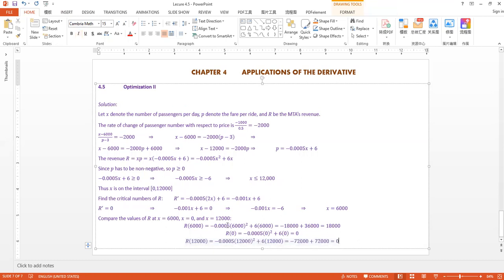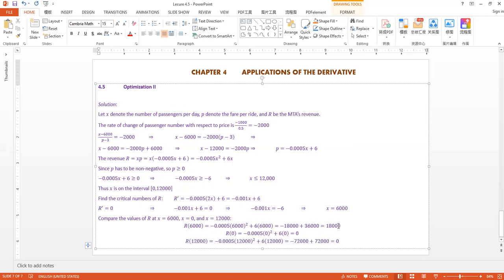So if we compare the revenue at those 3 values for x, you can see the maximum value is 18,000 at x equal to 6,000. So that's what the system is currently making in revenue.